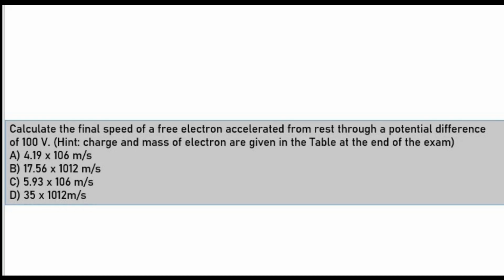Find the speed of a free electron accelerated from rest through a potential difference of 100 volts. Hint: charge and mass of the electron are given in the table at the end of the exam. A, 4.19 multiplied by 10 raised to power 6 meters per second. B, 17.56 multiplied by 10 raised to power 12 meters per second.